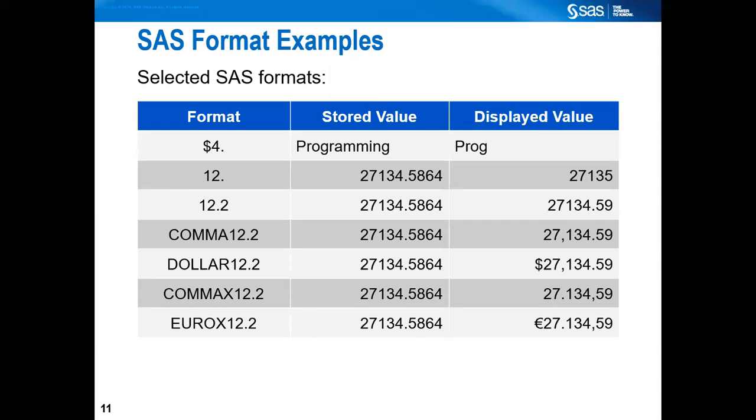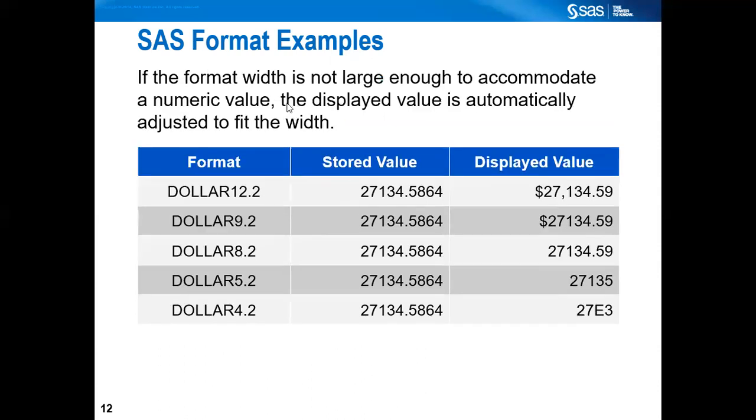Understood? Okay. So moving ahead, what this slide is trying to tell is, if you start decreasing the width, how the values try to fit within the provided width. Now here, this is the original data. You are applying $12.2. The original value itself has a width of 10, but this is an extra width.